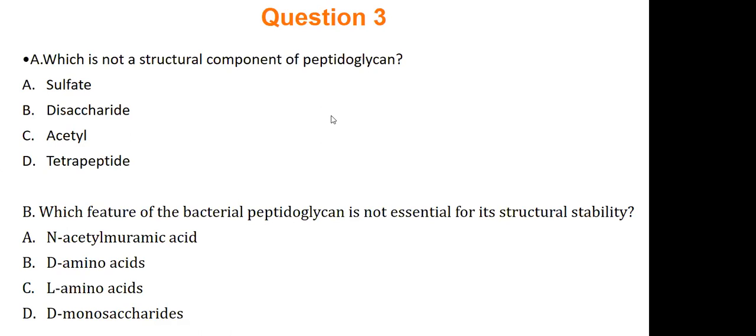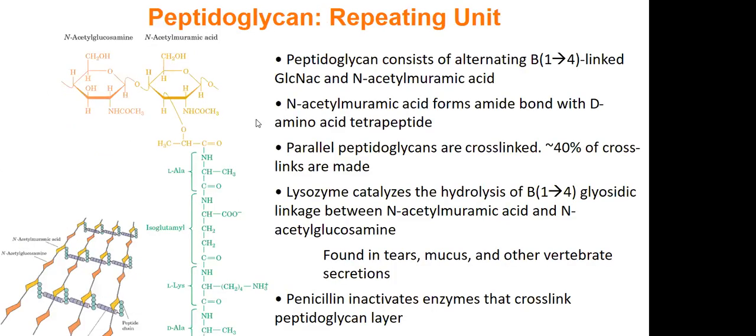Let me just go back to the previous image since the majority of us got that wrong. Although there is a D amino acid, we do have 3 other L amino acids. So the majority of the amino acids are L. But we don't have monosaccharides in here.